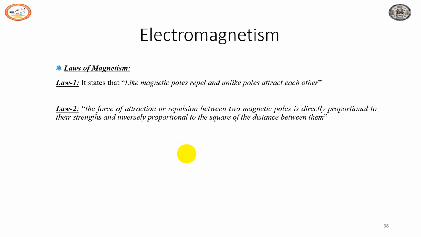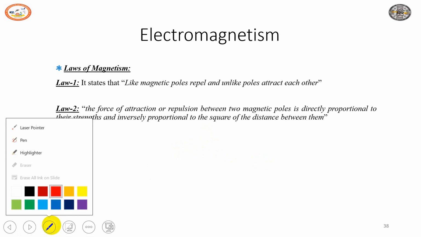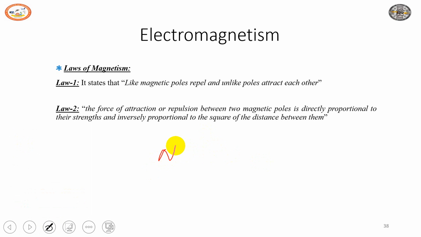So the north pole and north pole will never attract, while unlike poles, north and south, will attract. When you have two magnets, you might have experienced that one end attracts, and if you reverse the ends, they repel. Like poles repel and unlike poles attract.